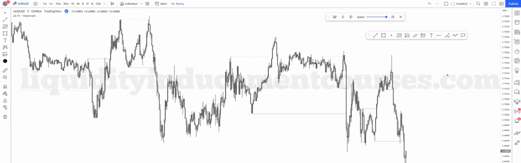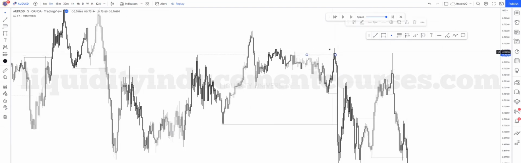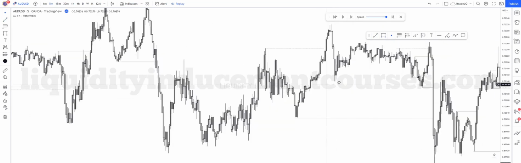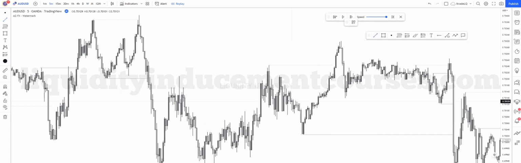Just trying to find the obvious ones. Strong low right here. All right, take out liquidity. Just choosing the most recent low right there. Structure point.